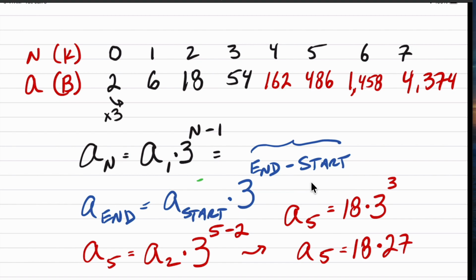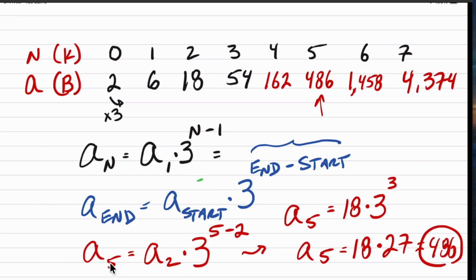Let's just see what 27 times 18 is on the calculator and see if it matches what we have on the screen, which is 486. And indeed, this value matches the value at position 5.